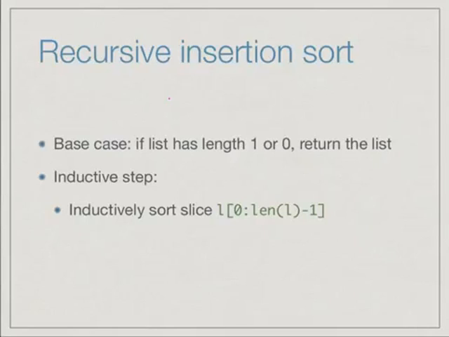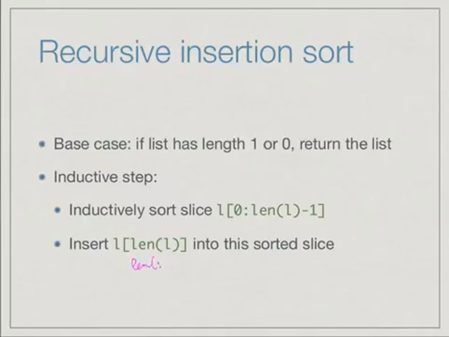So this is the slice from 0 to the length of the list minus 1. Then we take the last position, so this should be minus 1. So we take the value at the last position and we insert it into the sorted slice.